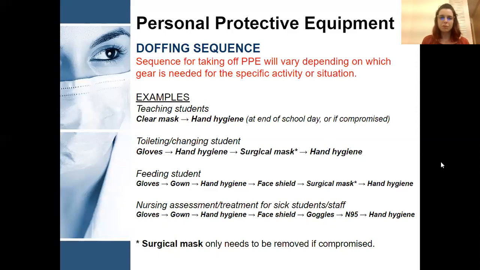So once again, just as we do for putting on PPE, the sequence for taking off PPE may vary depending on which gear is needed for the specific activity or situation. So in the event that you're able to teach students at a distance, if you're taking off your clear mask to transition to a surgical mask or the approved cloth mask, you are then going to engage in hand hygiene at the end of the day, or if your mask is compromised.